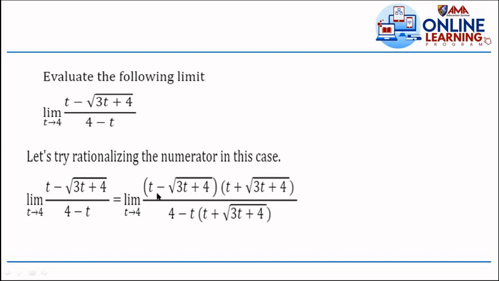So, we have a minus b multiplied by a plus b. We are going to have an answer of a squared minus b squared. Okay? So, yung b squared ngayon, ito yung squared natin, the square root of 3t plus 4 raised to 2. Yung raised to 2 is itong raised to 1 half. So, yung square root, kaya yung raised to 2, magka-cancel na po siya.